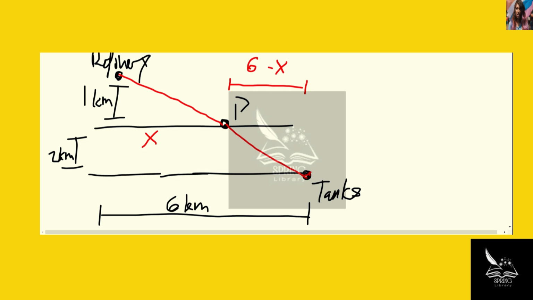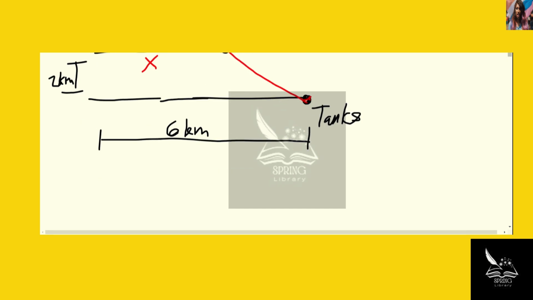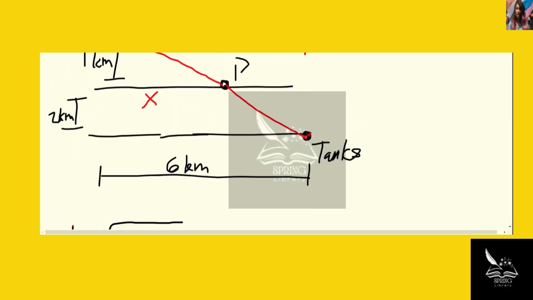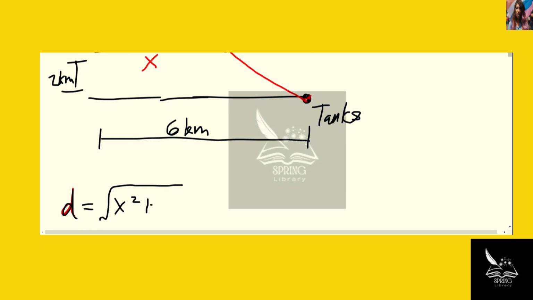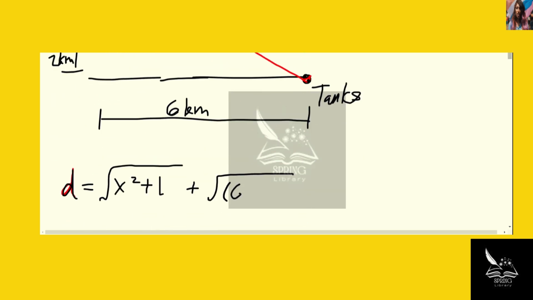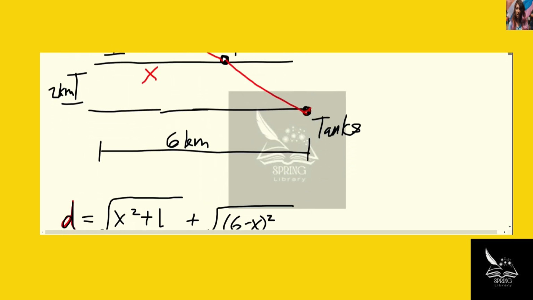So using this graph and Pythagorean theorem, the distance the pipe should cover, which I'll call d, is the square root of x squared plus 1, plus the square root of (6 minus x) squared plus 2 squared, or 4.